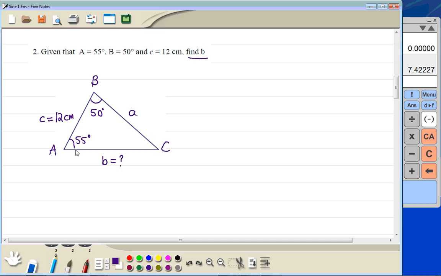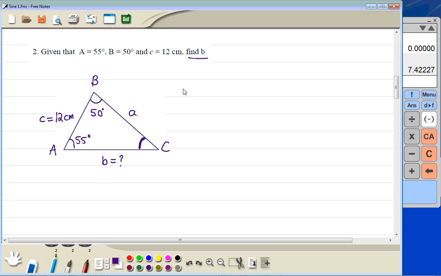Here we know the angle A, but we don't know the side A, so we can't use A. So this pair is no good. Because we know the side C, we need to find the angle C first. That's easy because the 3 angles in a triangle add up to 180.